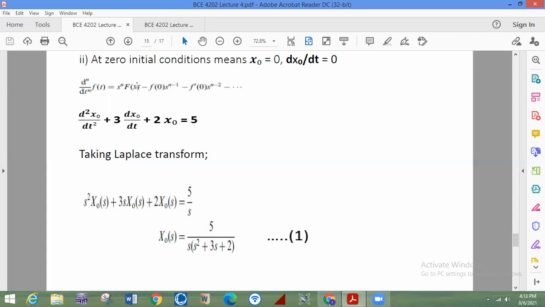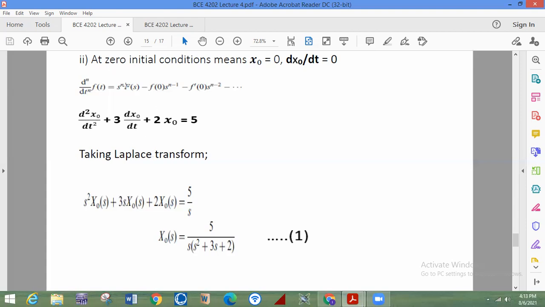Yes, please. I'm asking about the n. Is the n the same for the whole expression, or does it keep on changing?